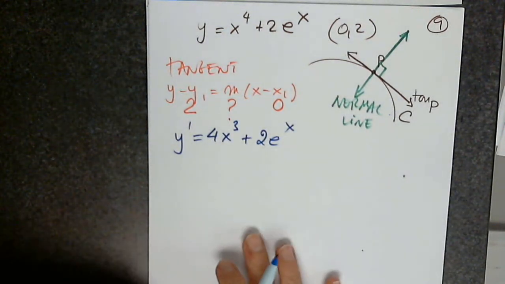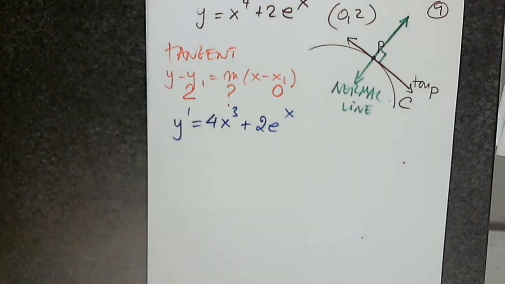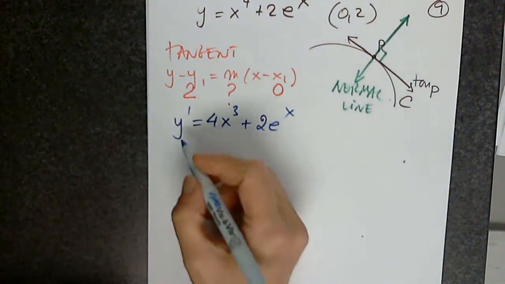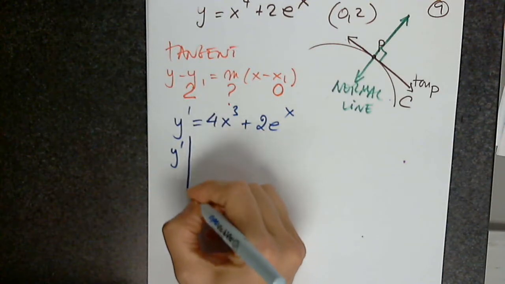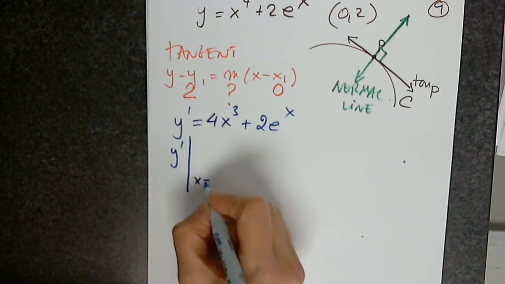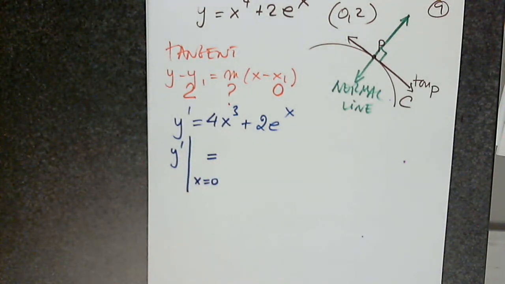Excellent. Here's how I write the value of y prime at the point: y prime, a long vertical bar, x equals 0, and then I put the answer. So this says that I'm evaluating the derivative at x equals 0.